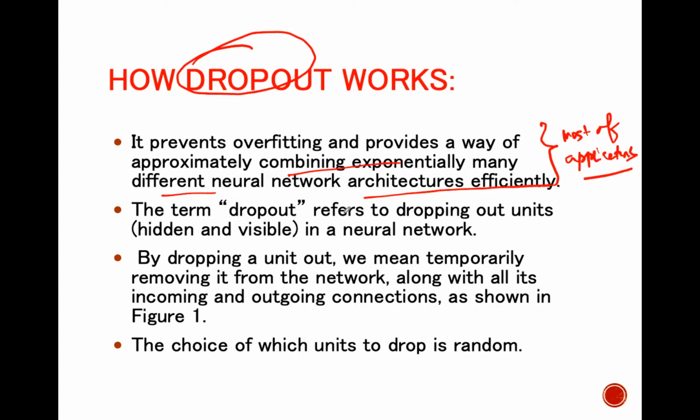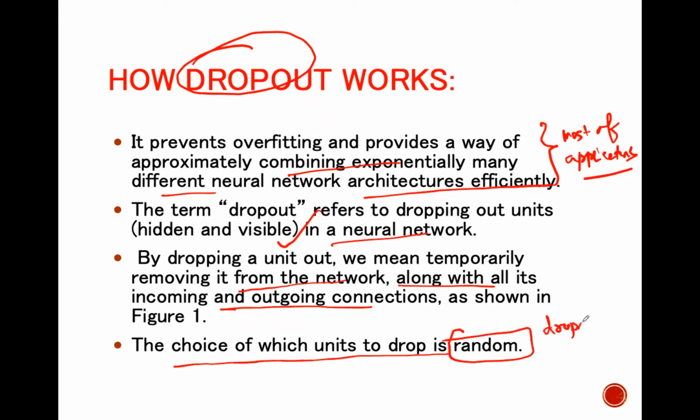The term dropout refers to dropping units in a neural network. By dropping a unit, we mean temporarily removing it from the network along with all its incoming and outgoing connections. The choice of which units to drop is random. Here dropout is a random variable.